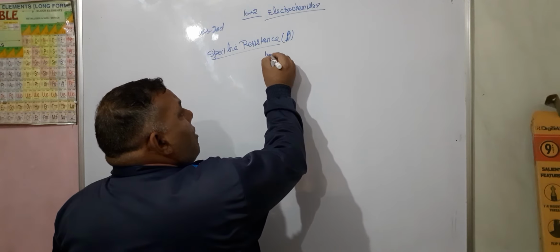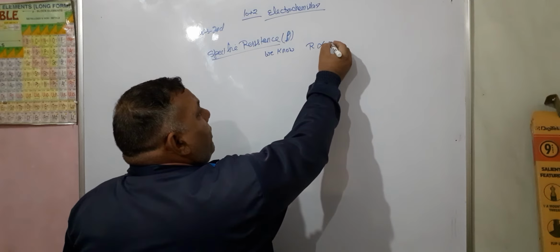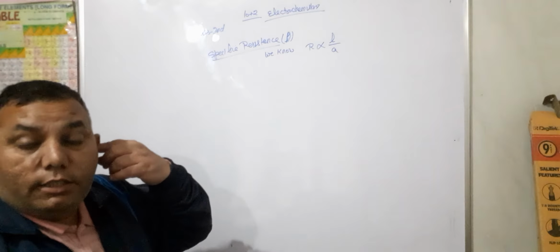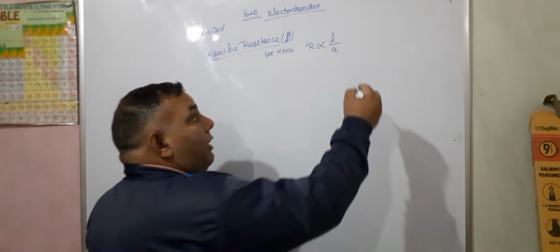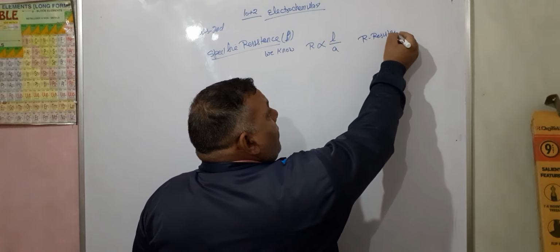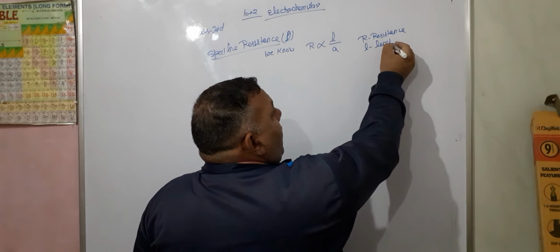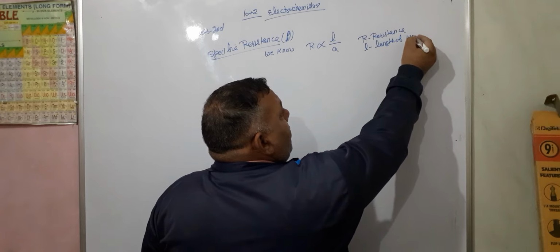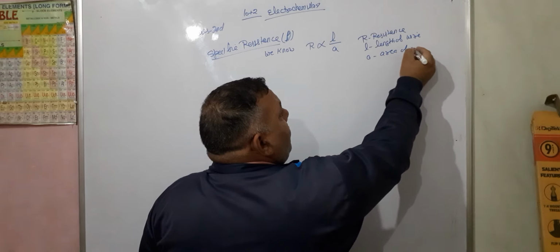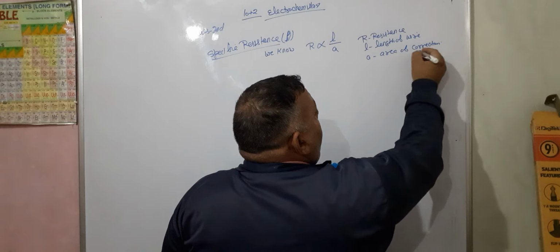We know R is directly proportional to L by A. What is R? R is resistance. What is L? Length of wire. And A, area of cross section.